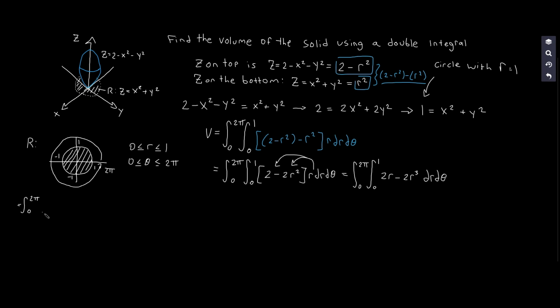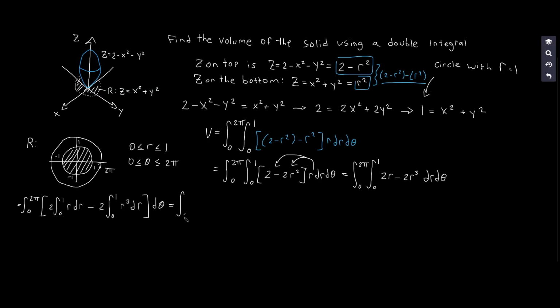Integral from 0 to 2 pi of brackets, 2 times the integral from 0 to 1 of r dr, minus 2 times the integral from 0 to 1 of r cubed dr, d theta. So I just applied the linearity rule.